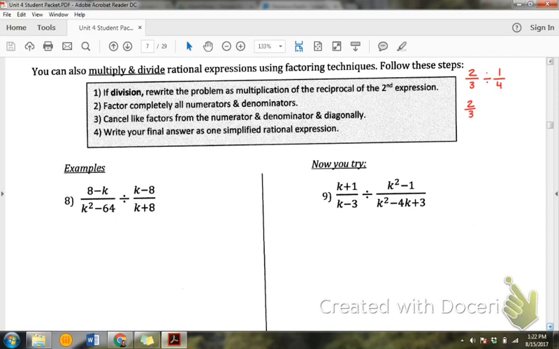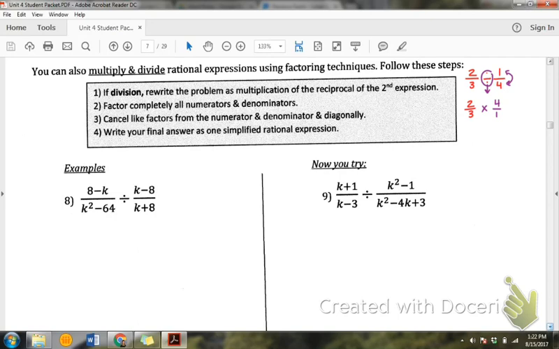We change the division sign to be multiplication. And then we flip, which is called the reciprocal, 4/1, the second one. So anytime a fraction is a division problem, you change it to multiplication, and you flip just the second fraction. The first one stays the same.